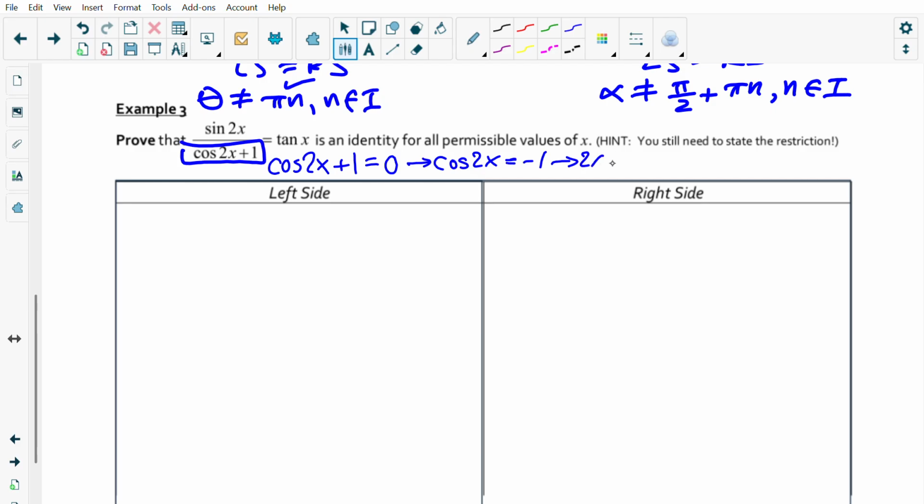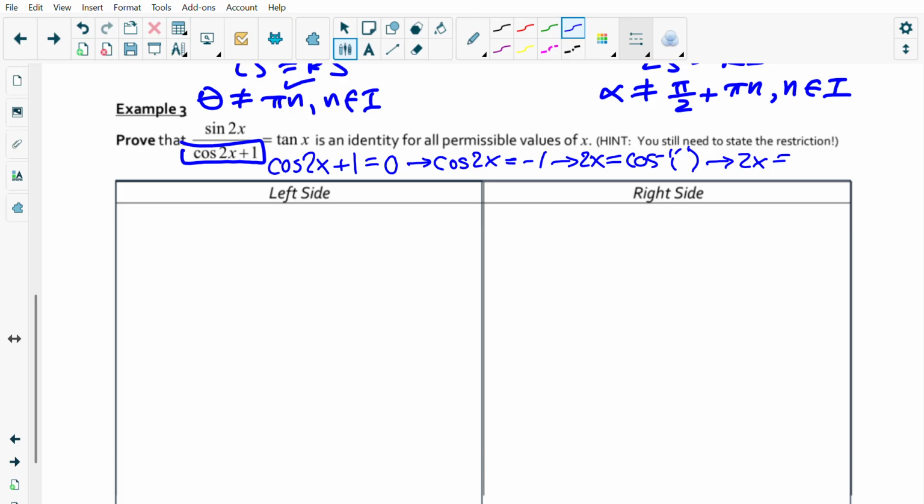And that's 2x equals inverse cosine of... Oh shoot, sorry about that folks, let me back this up.